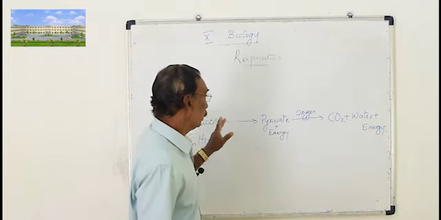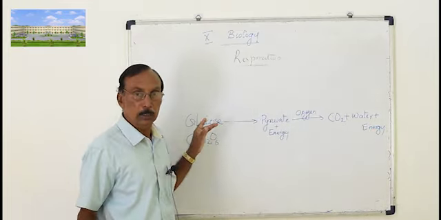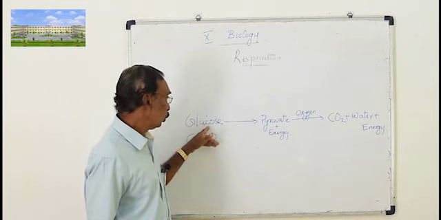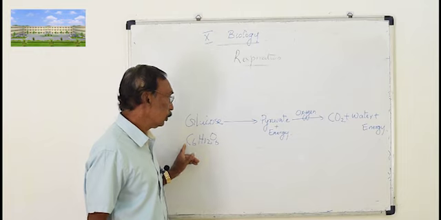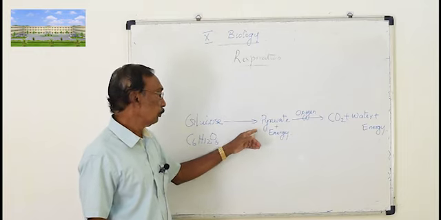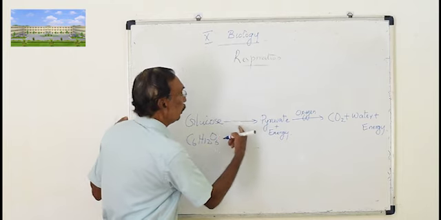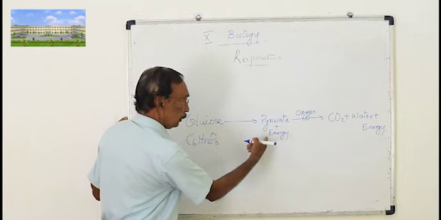This is the type of respiration that takes place in our body. The glucose 6 carbon compound first breaks down into pyruvate. This takes place in the cytoplasm, and some energy is produced.